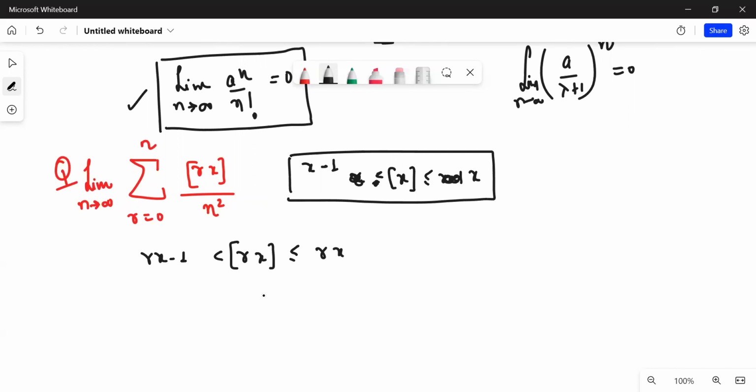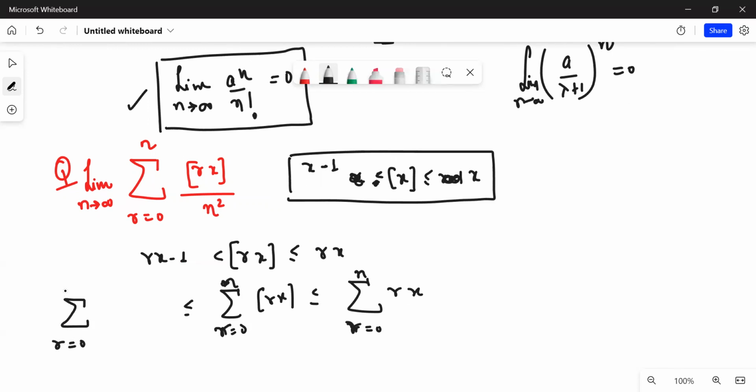And if I sum on both of the sides, r equal to 0 to n, the sum of the greatest integer of rx is less than or equal to the sum r equal to 0 to n of rx, and greater than the sum of rx minus 1.